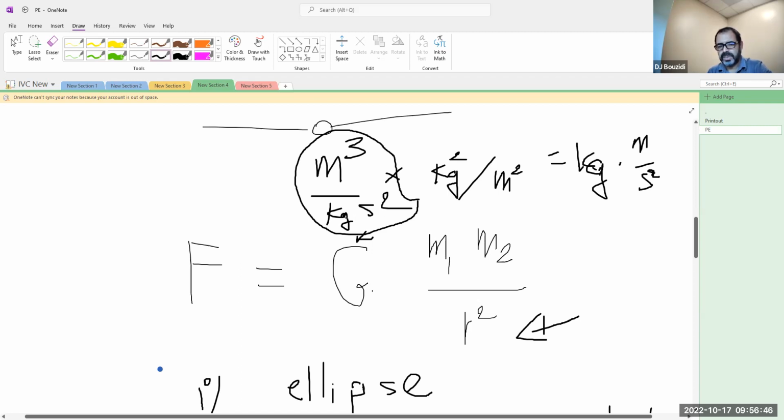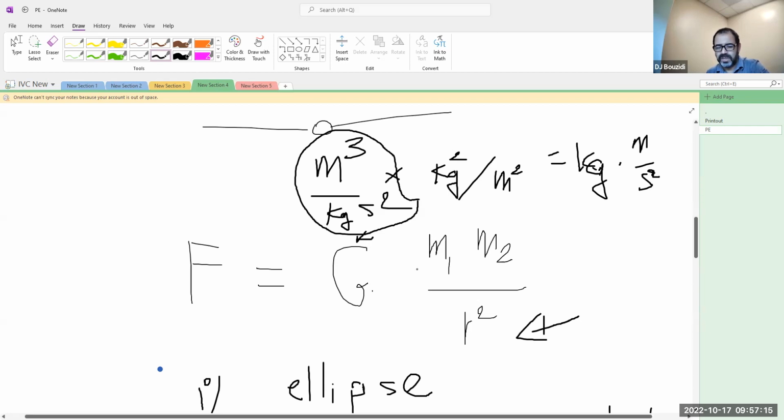One of those 2 kilograms will cancel this kilogram and I will be left with a kilogram in the numerator. And when I divide by meter squared in here, because that's what the square of the distance is, and I have a meter cubed in here, one of this 2 meter squared in here from the meter cube will cancel a meter squared, and I will be left with one of them in the numerator. And this second squared will stay intact as it is. So the dimensions are fixed, but the numbers also have to be fixed too.